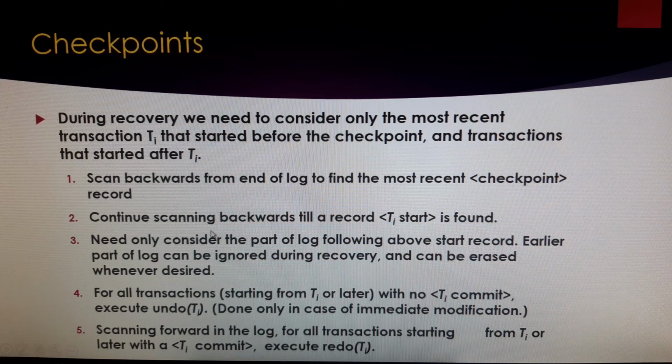You scan backward until you find the T1 start transaction. There will be T1 start, T1 read and write, T1 commit, and T2 start; likewise, multiple sets of transactions are written here. You scan the log records from the back and identify the first T1 start. This is the recently executed transaction.